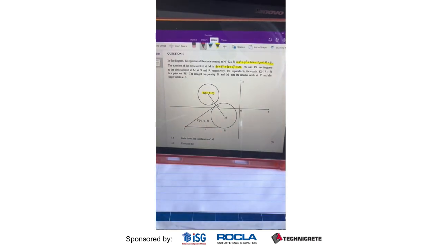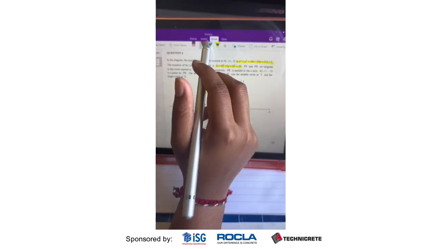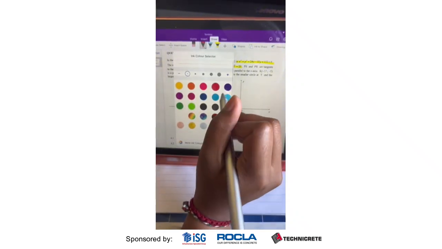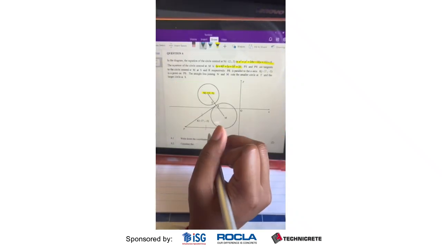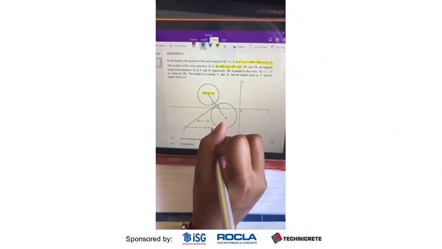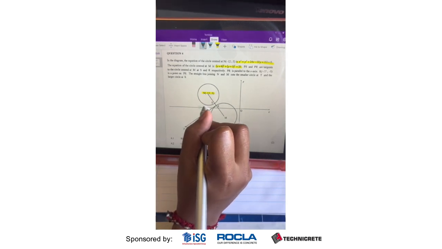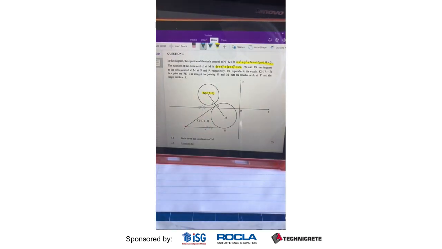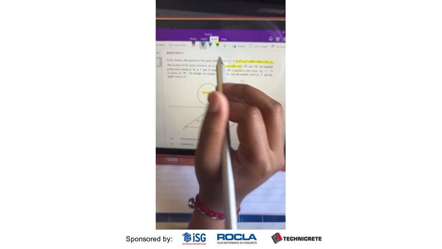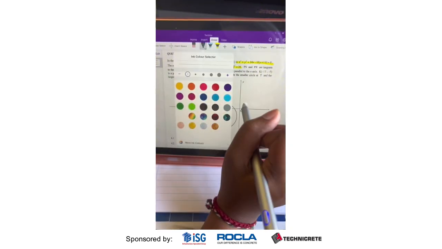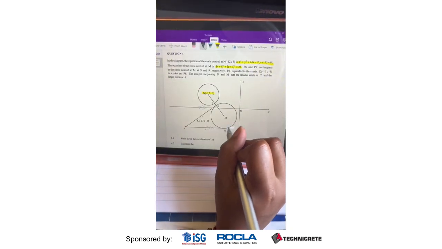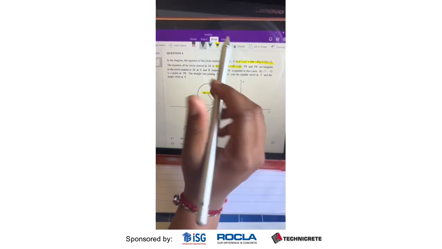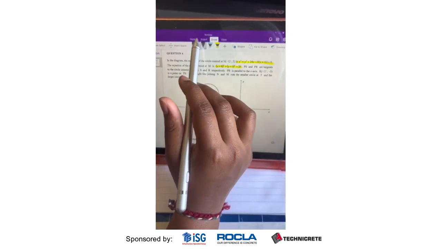The next thing they tell us is that PR is parallel to the x-axis. Let's use a different color. So PR is parallel to the x-axis. And I also just want to extend this line across so we know that it's also cutting there at the y-axis.